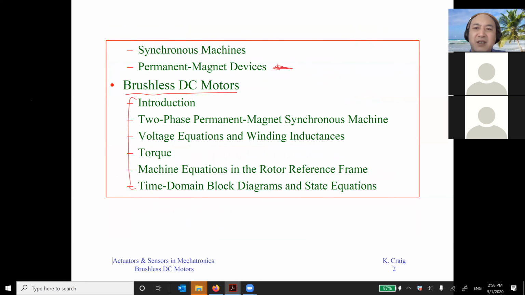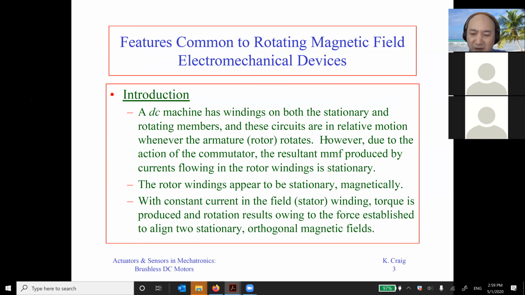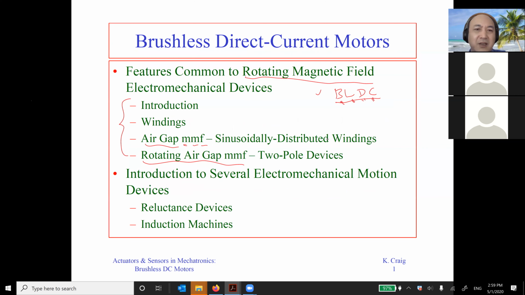Sometimes they use a PM linear motor with a permanent magnet, so the motor will move not rotationally, but linearly. To understand that, you really need to understand the magnetic motive force and the air gap, the motion through the air gap.